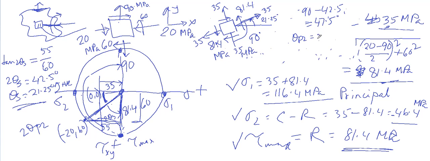Half of this is 23.25 degree. And it is going clockwise from my reference point. That means from my reference point, if I go clockwise, I will get my principal stresses. So I will draw that.